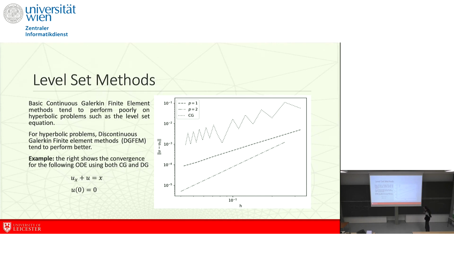Whereas below, I have P1 and P2, so polynomial degree 1 and 2, for the DG method, Discontinuous Galerkin. And we can see that DG methods can solve the problem much more effectively.